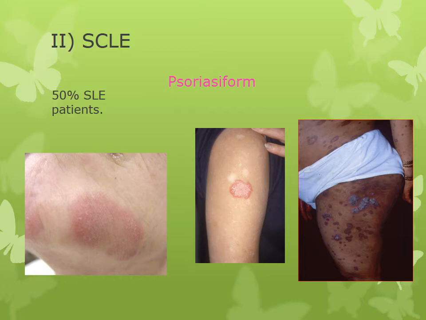However, these patients with psoriasiform subacute lesions are more prone to go into systemic disease, and they typically have arthritis, and usually also the ESR of this patient is high, and the confirmed diagnosis, of course, is by the corresponding autoantibodies.